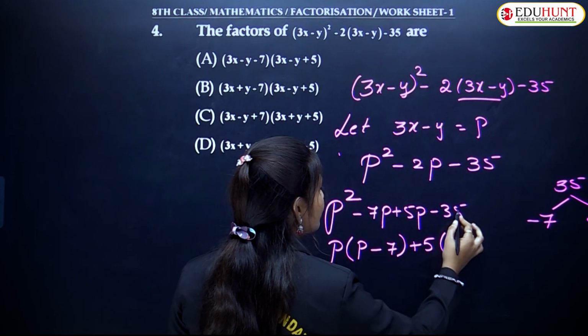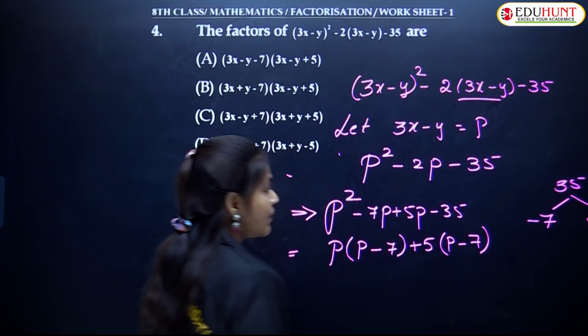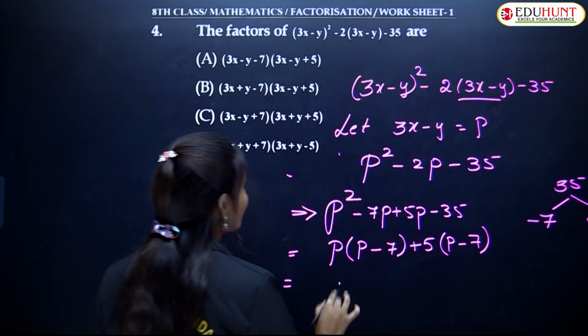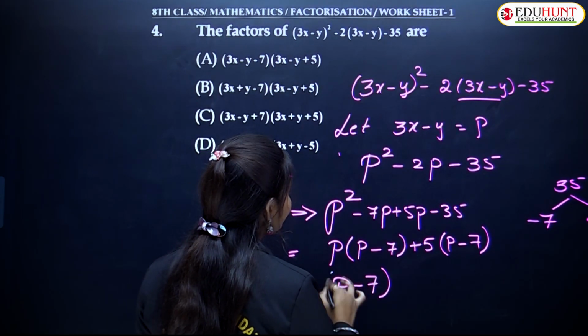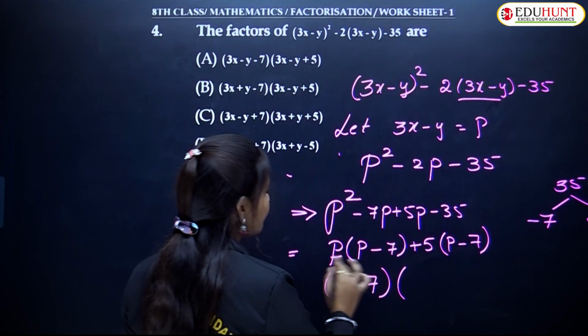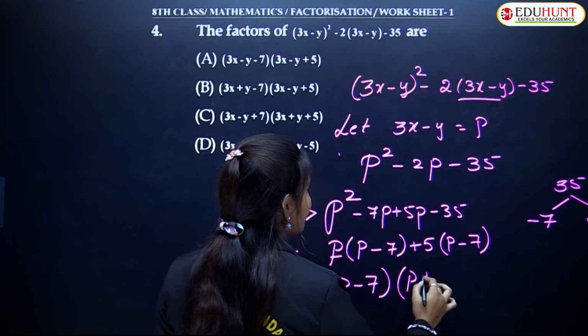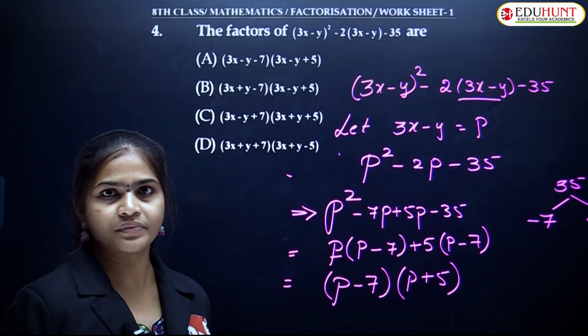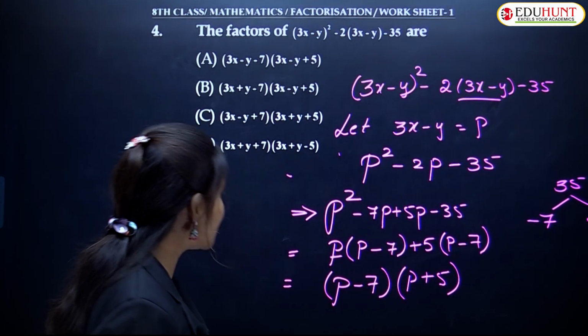So from this one also p minus 7 is common again. So we can write this as p minus 7 into p plus 5. Clear? p minus 7 into p plus 5.